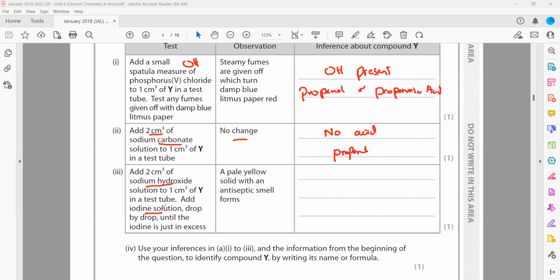This is the test, adding iodine until just in excess: a pale yellow solid was formed and an antiseptic smell forms as well. So this gives an idea that it is not a primary alcohol, it should be a secondary alcohol.